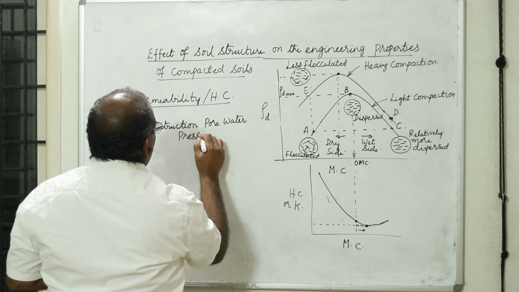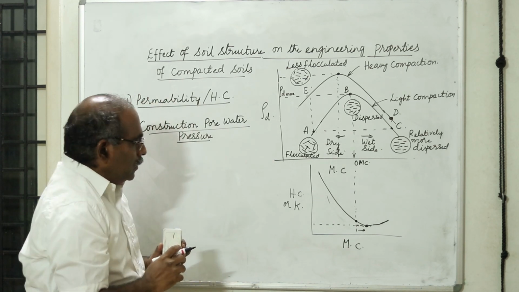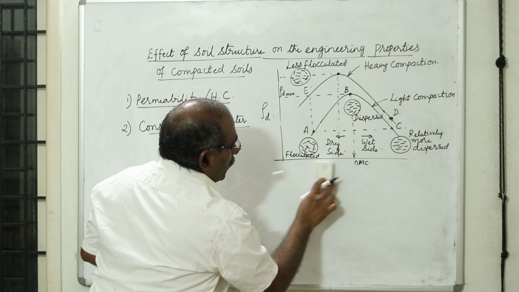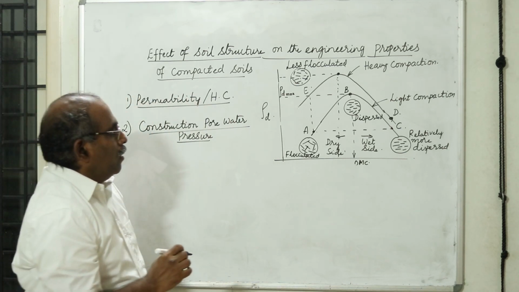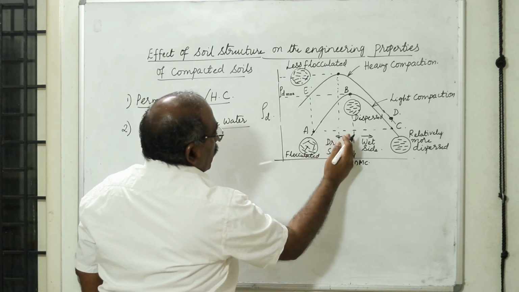This is a very important aspect, friends. I'll tell you, most of the failures in the earthen dams during the construction stage are because of this construction pore water pressure. Now if you try to take on the dry side of optimum, what happens?